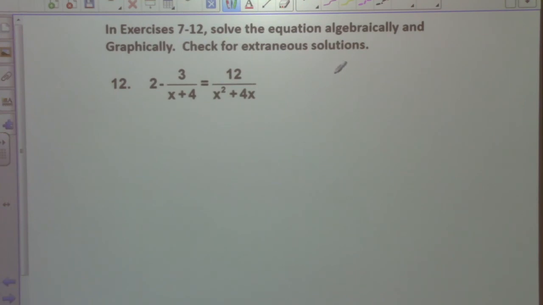Here, you're going to have x squared plus 4x. That's going to be equal to x plus 4, right? So this will be what you multiply through by. Then you should be okay, all right?